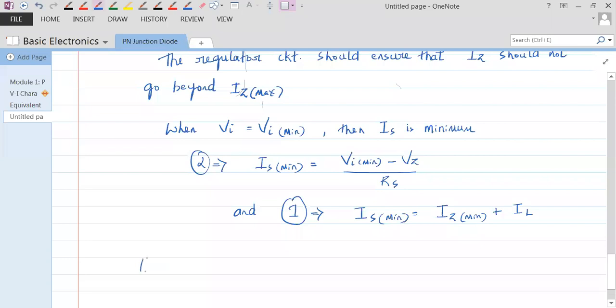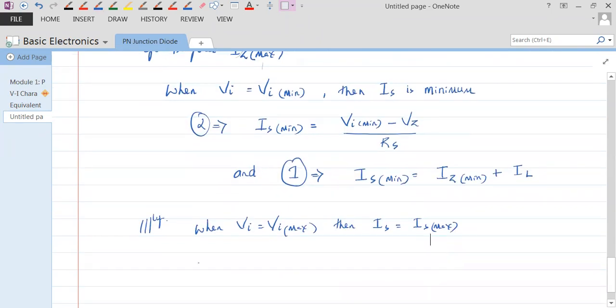Okay, similarly, if you have to find out the maximum limit, this is the minimum limit. Similarly, when Vi is Vi max, what would happen? Then Is is Is max, because Is is maximum. So therefore equation 2 implies what? Just by seeing this, you tell me.